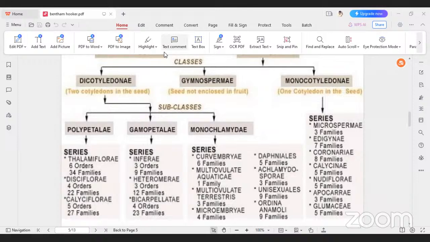If you have pen and paper, write down the 6 orders.